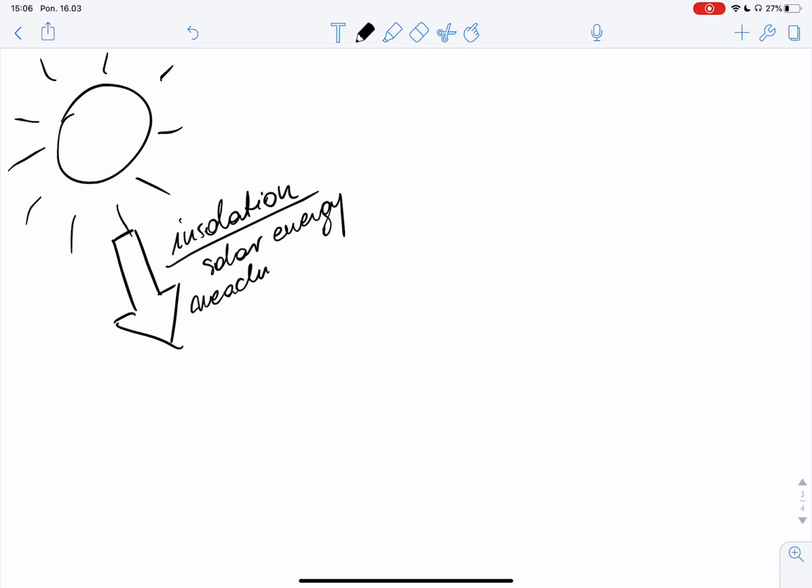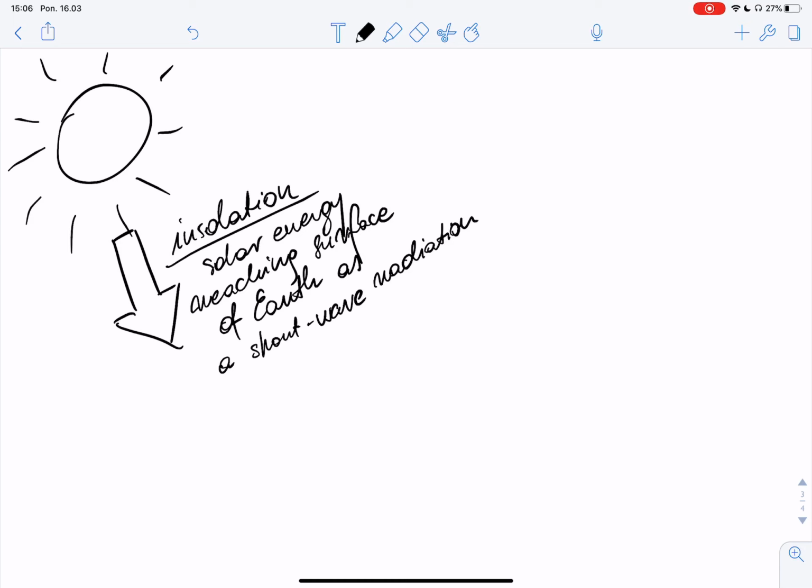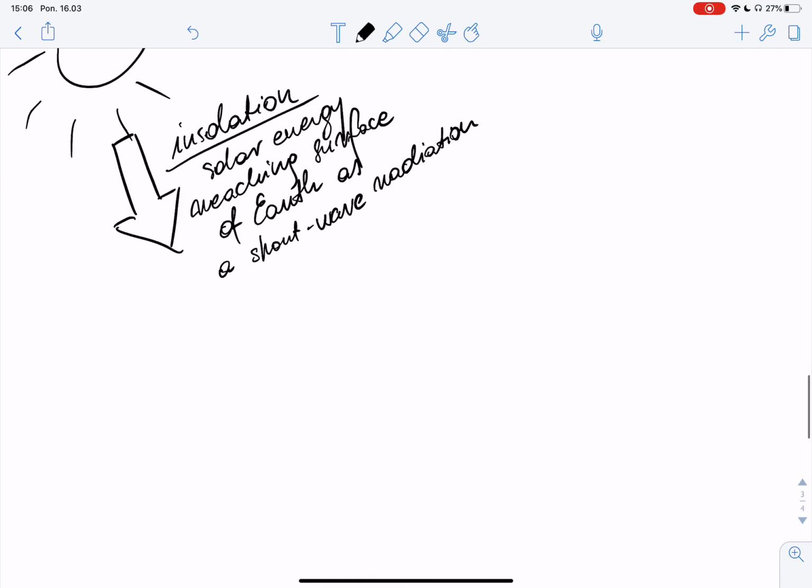reaching the surface of Earth as short wave radiation. And guys, plants, of course, use this energy in order to grow, right? They need photosynthesis.